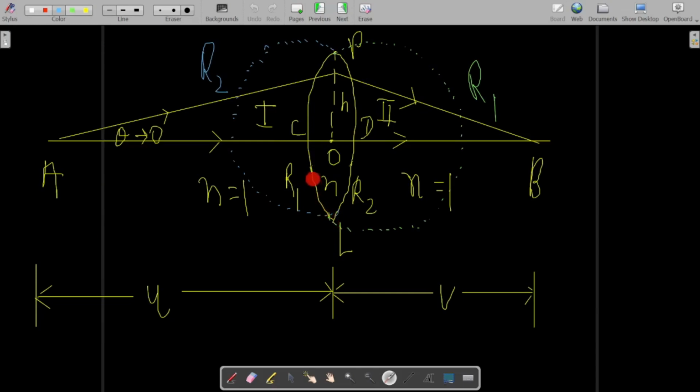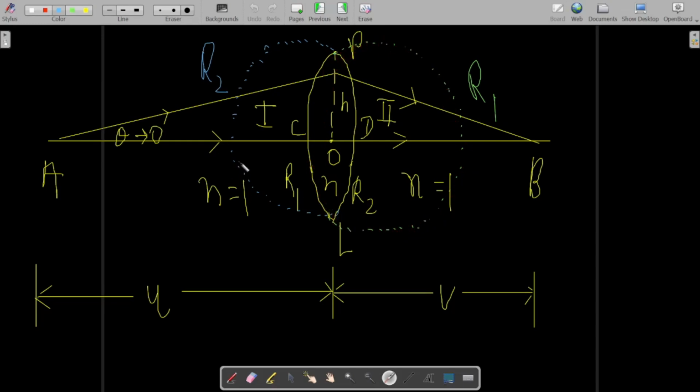This is the circle completed by the first surface. Look carefully. The radius of this circle will be the radius of curvature of the first surface, so that is equal to R1. Radius of curvature means the radius of this particular green circle. This is basically your R1.